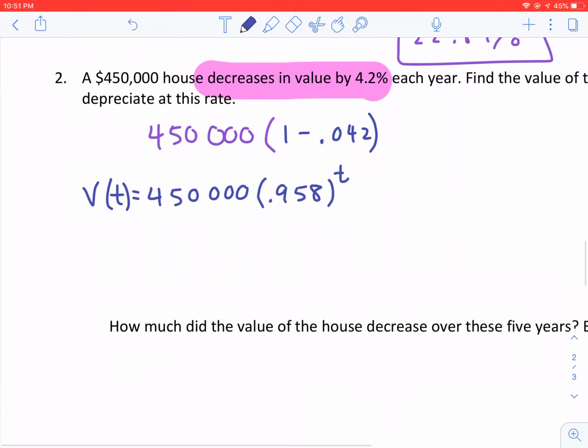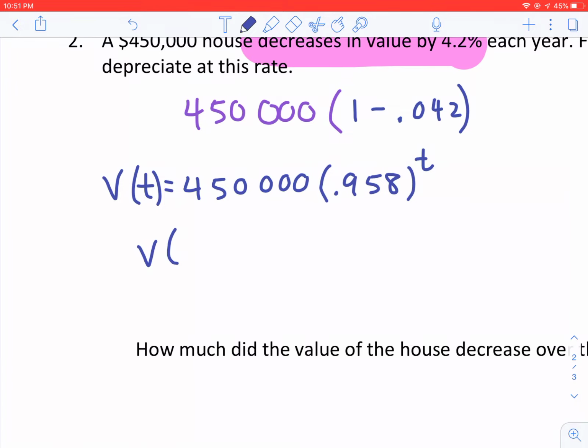If I want the value of the house after 5 years, that is going to be equal to, hold on, let me type this in my calculator. 450,000 times 0.958 to the fifth.